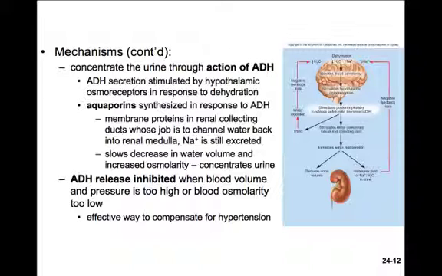So the action of antidiuretic hormone slows a decrease in water volume and slows the increasing osmolarity by absorbing more water, thus decreasing the osmolarity, and it also concentrates the urine, so we have a much thicker urine but more water retention. The action of antidiuretic hormone release is inhibited when the blood volume and blood pressure gets too high or blood osmolarity is too low, and so we see the reverse effect. Aquaporins are not synthesized. We're going to see more water loss in the urine.